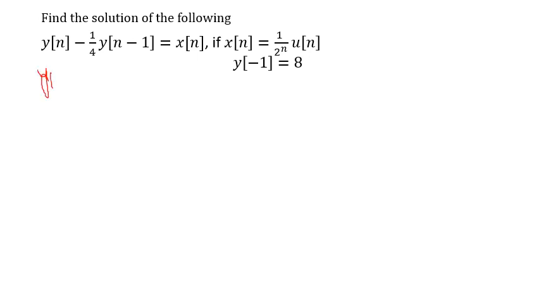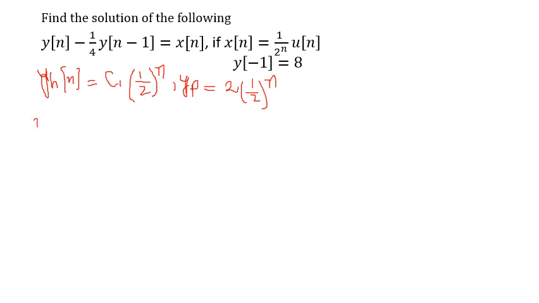So the homogeneous solution is y of h n, and this is equal to c1 into 1 by 4 power n, and the particular solution we just found is y of p equals 2 into 1 by 2 power n.